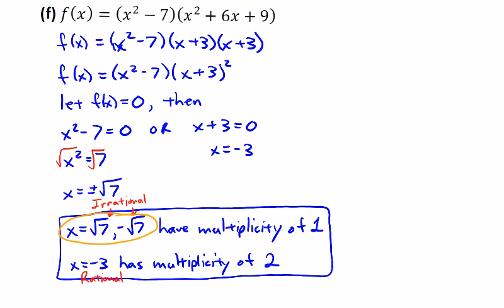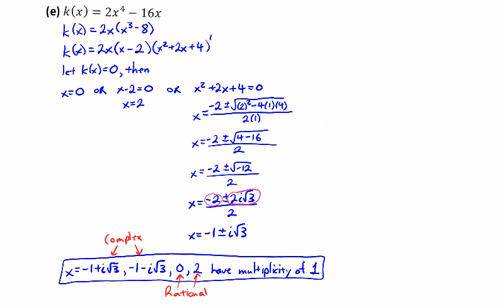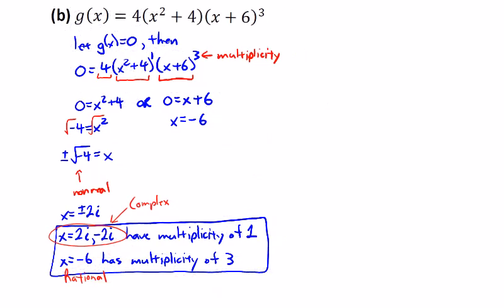If I go back to part E, we had two complex answers, and there was one more that had complex answers, and that should have been part B, and we had two complex answers.